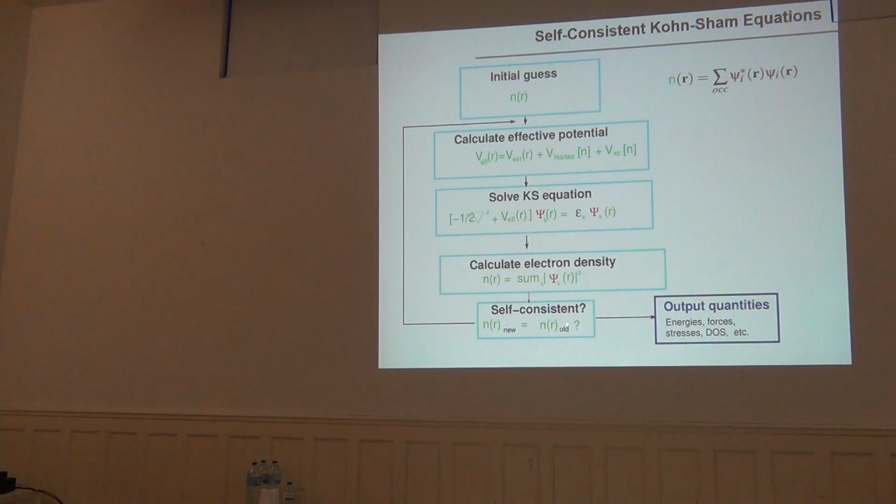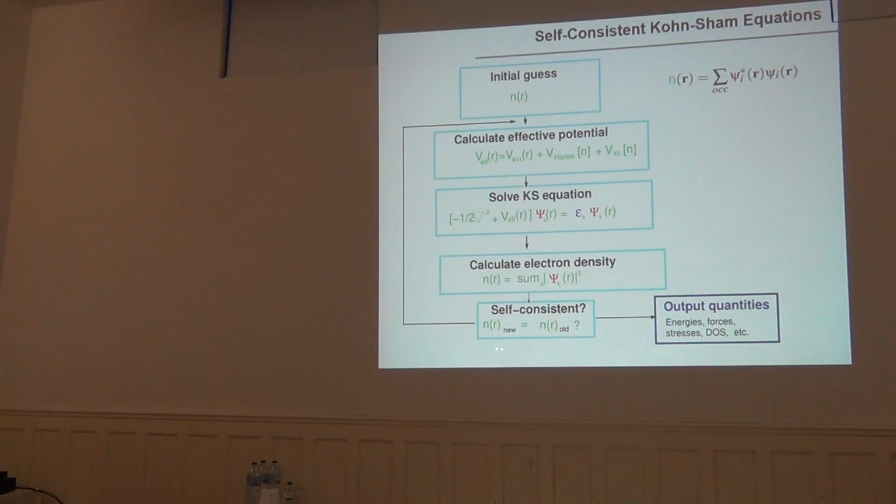Now what you do is you compare the new obtained density with the old one that you started with, and you have to choose some criteria to decide whether this is good enough. So usually what you want in self-consistency is you are going to compare always the newly obtained density with the previous one, and you arrive at consistency when they basically are not changing anymore.